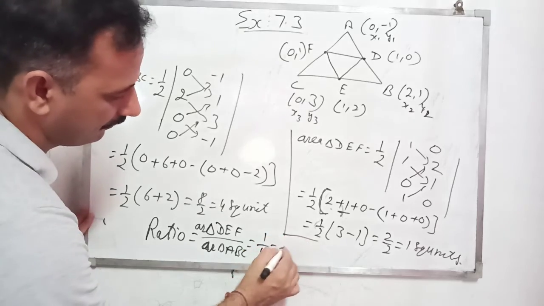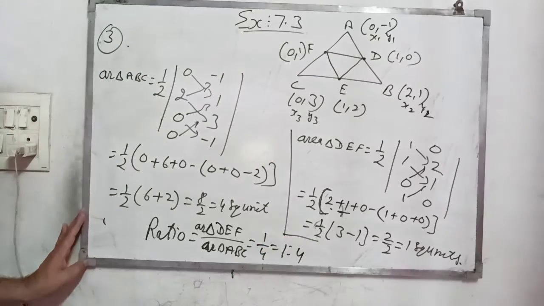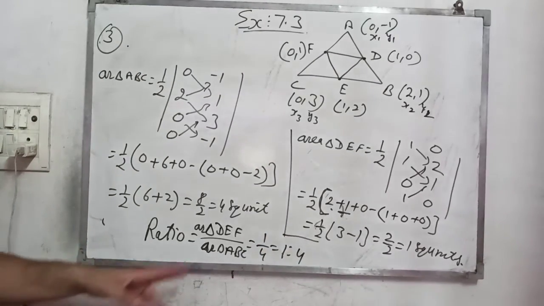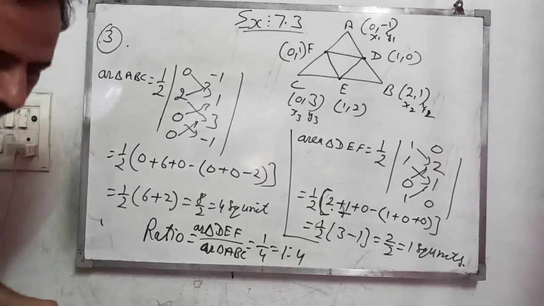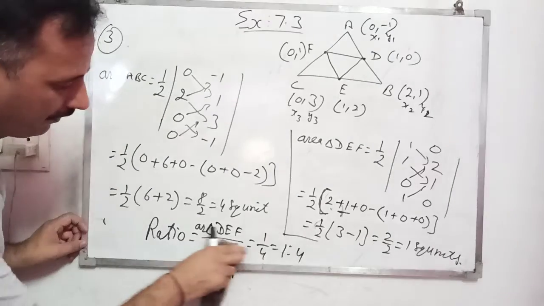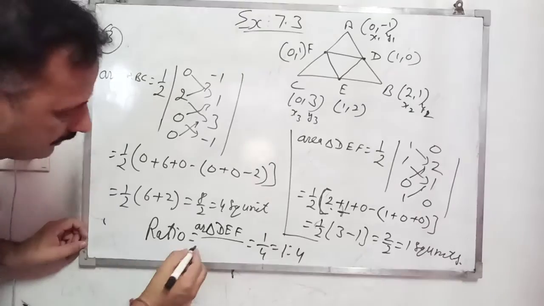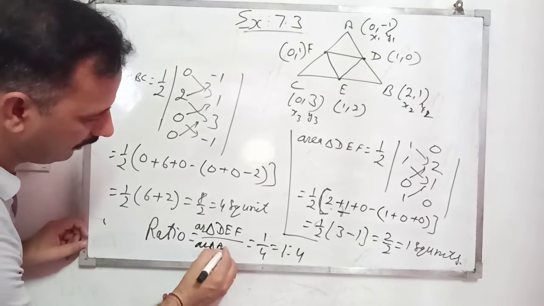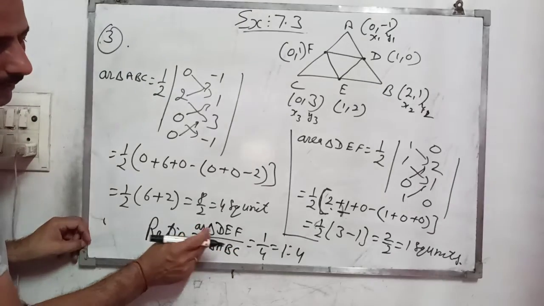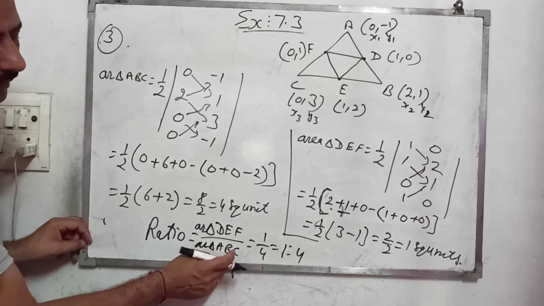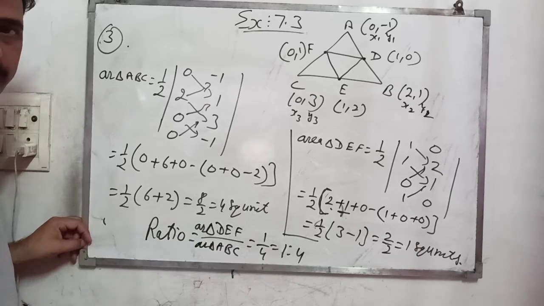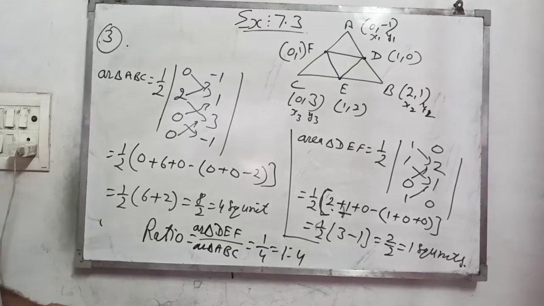So the ratio becomes 1:4, right? So area of triangle DEF upon area of triangle ABC is 1 upon 4. The ratio is 1:4, right?